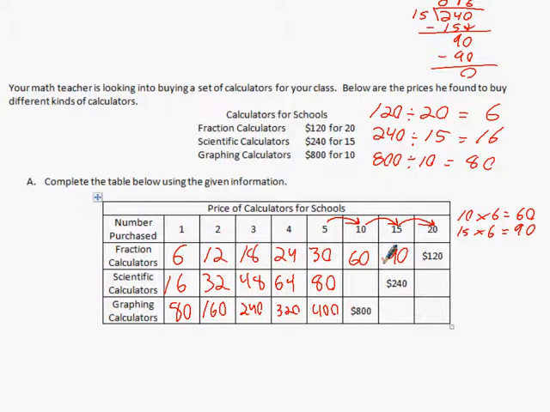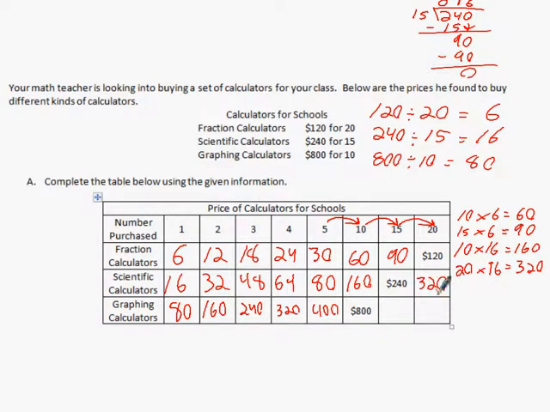And then 120. So fraction calculators is filled in. Scientific calculators, we have 10 times 16 is 160. And 20 times 16, well, 2 times 16 is 32, so 320.